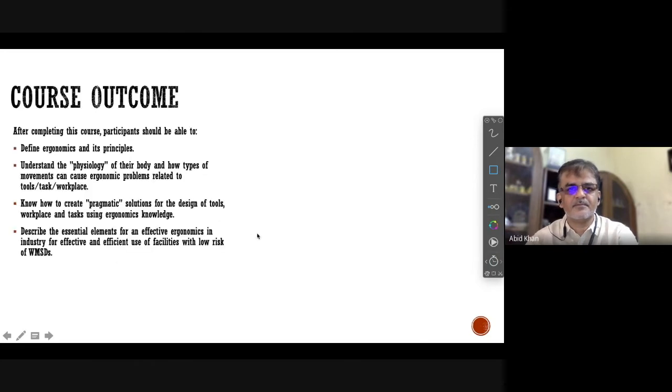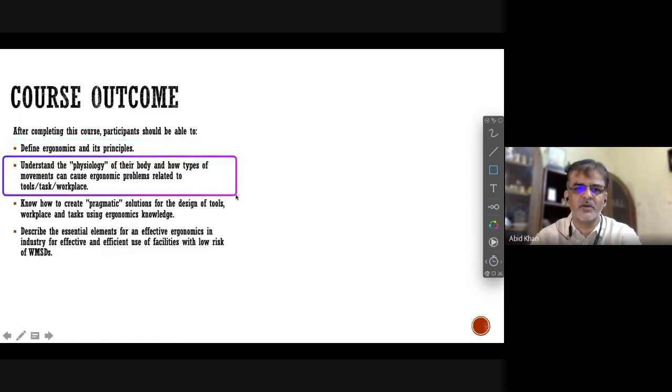Now what we expect out of this course is, after completing, you must define what is ergonomics and its principles. You should understand the basic physiology of the human body, which is required for assessing the ergonomics problem or the level of stress or strain with respect to the tool, task or workplace.